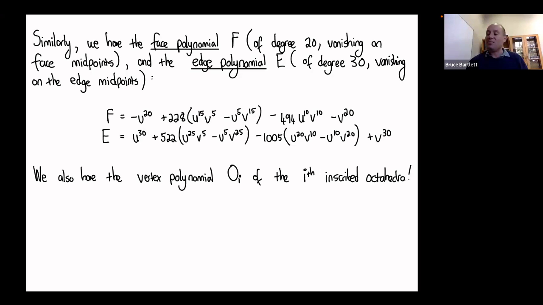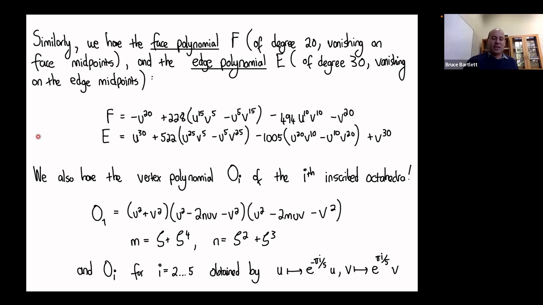Each of them has its own vertices, right? There's 6 vertices in an octahedron. And so we have a vertex polynomial for each octahedron, which is going to be of degree 6. So I've written down the vertex polynomial for the first octahedron, and then there are similar ones for the other 4 octahedra. They are of degree 6 in U and V. Calculate these things explicitly.